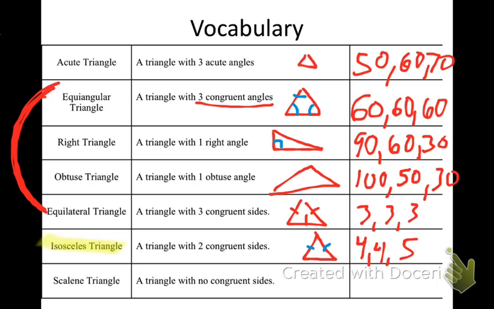And then the last one here is a scalene triangle. It's a triangle with no congruent sides. So something like that, they will have no tick marks. On a scalene triangle, there'd be no tick marks denoting that they would be congruent to each other. And that would be like, let's go with 4, 5, and 7. That would be a good example of a scalene triangle.